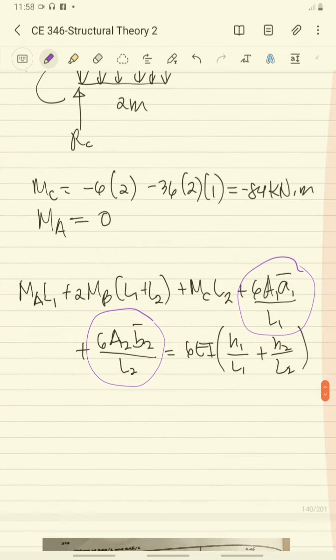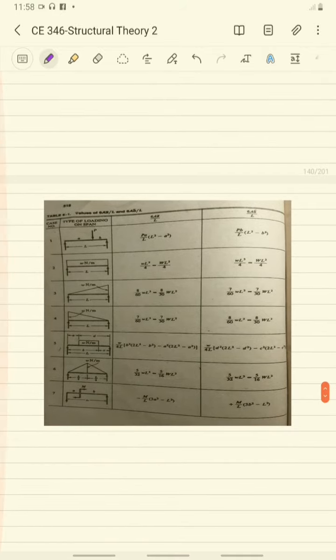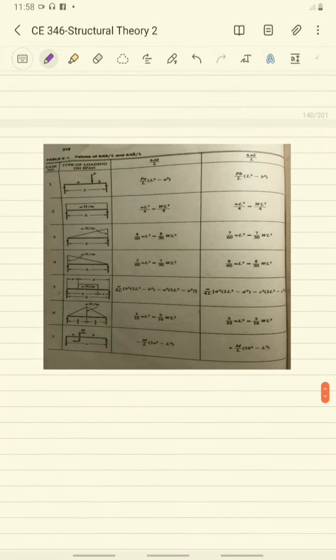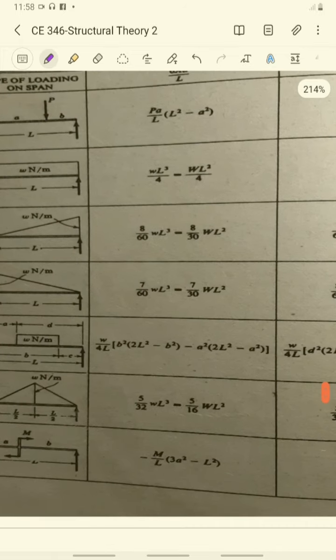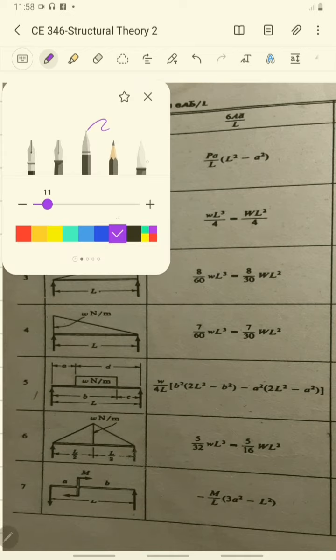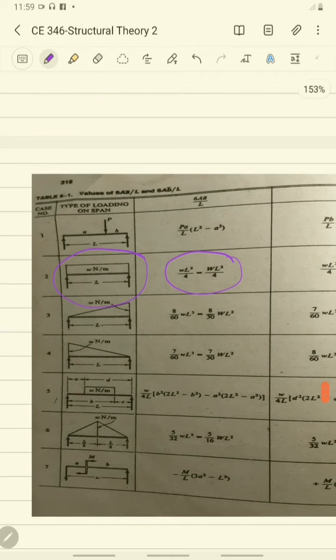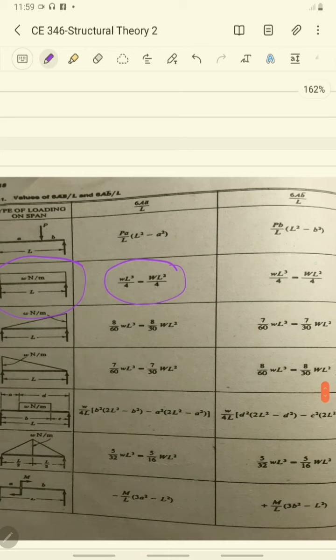Okay, so since our loading there is a uniform load, we will check for the uniform load for the value of 6A1 bar A1 over L1. So we have here for our loading this value, and also this value.